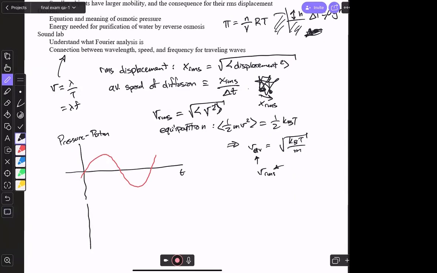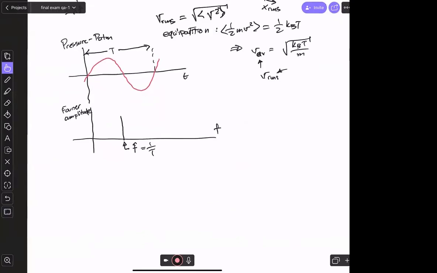When we graph the corresponding Fourier amplitude as a function of frequency, you would get a single peak. And the peak would be at a frequency f equals 1 over T, where capital T is the period of the waveform.